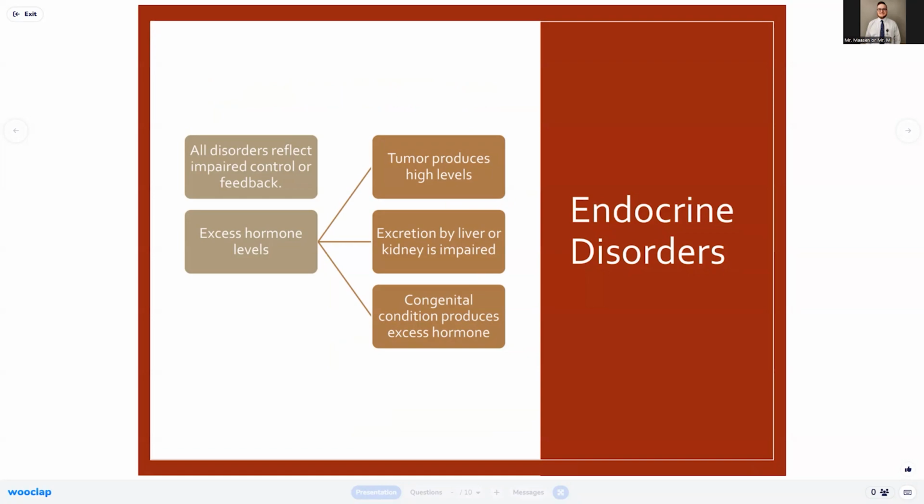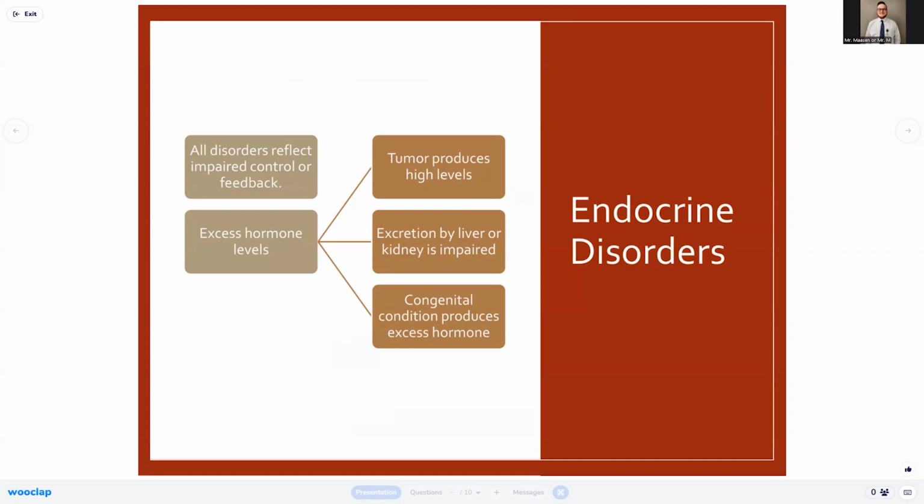So most endocrine disorders usually represent two things. Usually for some reason there's excess hormones, or there's impaired feedback loops where the hormones don't get shut off, so to speak. The water faucet doesn't get turned off, kind of thing. Usually what makes excessive high levels of hormones are tumors.